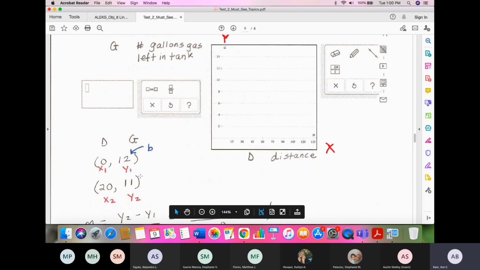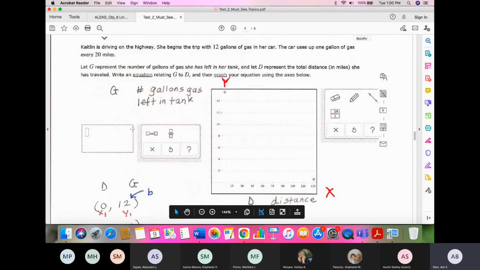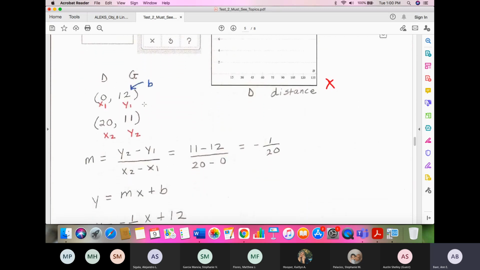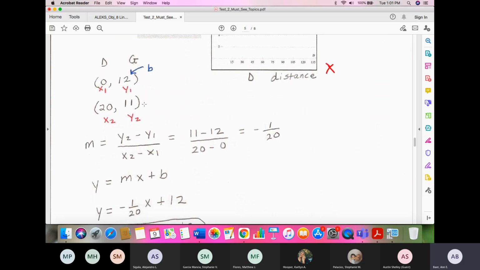So that's what we need to draw the graph, but we also need to write this equation. So let's write the equation. The first thing we need to do, no matter how we write an equation or go about it, is we need to find the slope. So I labeled this as x1, y1. This is x2, y2.